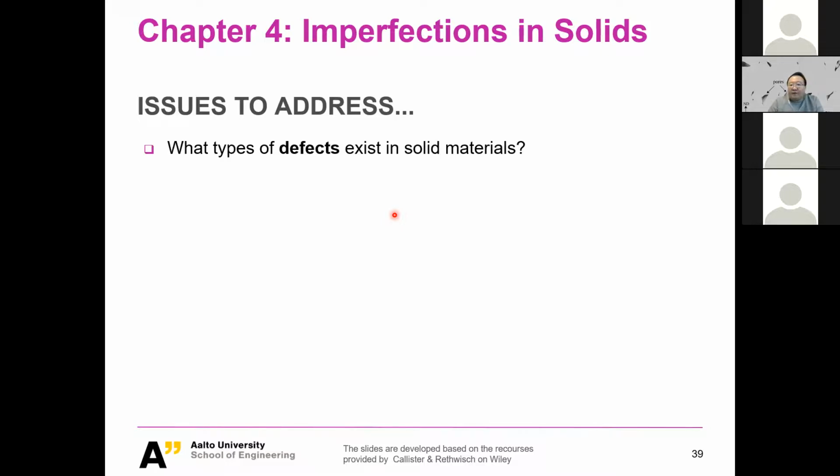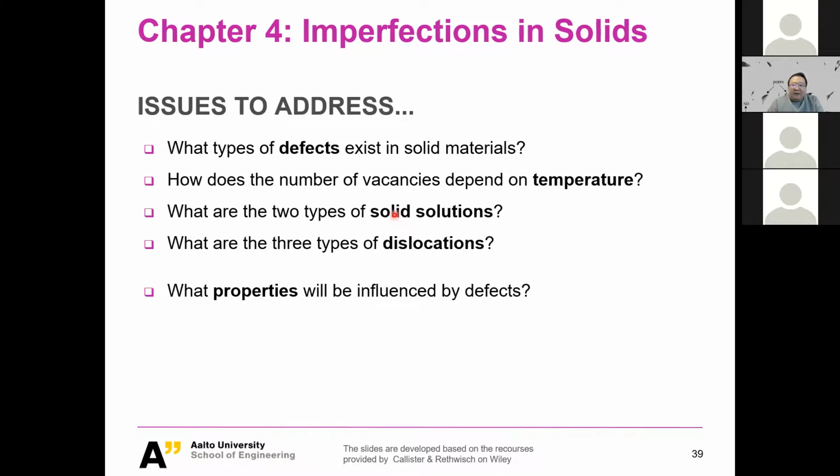And we will basically get why and what types of defects, imperfections exist in our solid materials. And we're going to learn these imperfections in a similar way as I showed you. We're going to start with 0 dimension, 1 dimension, and 2 dimensions.